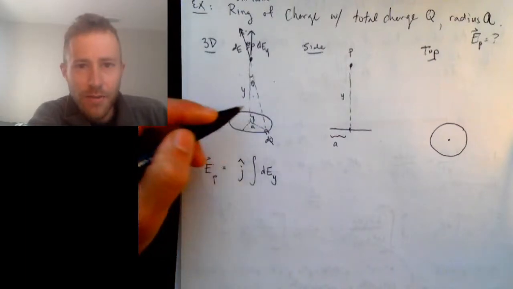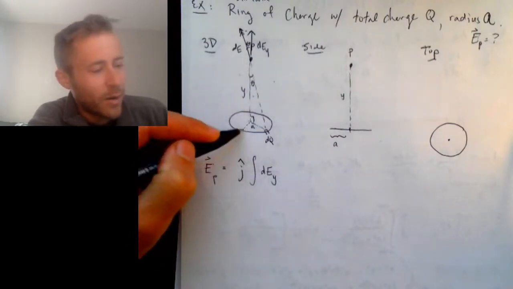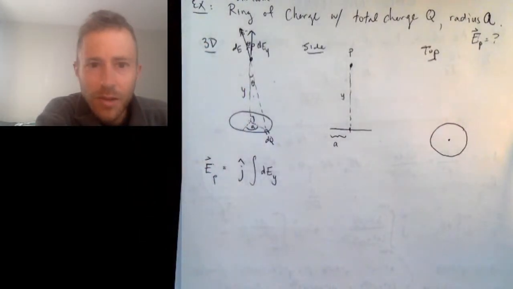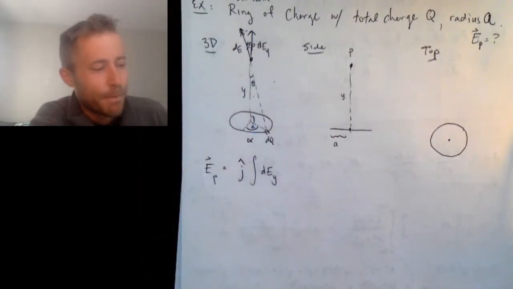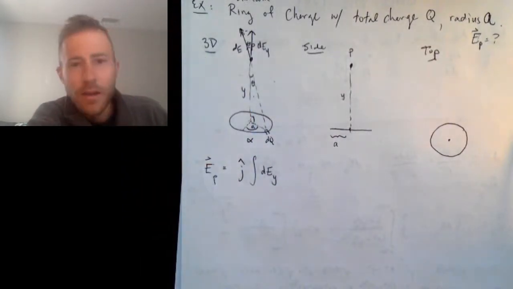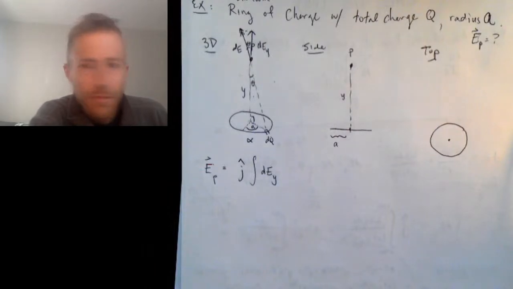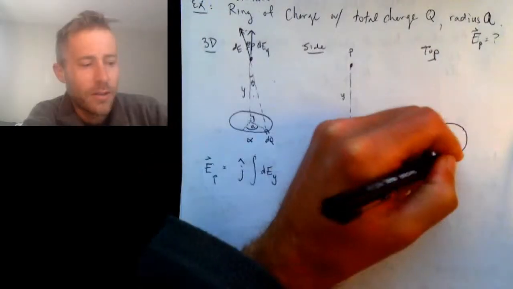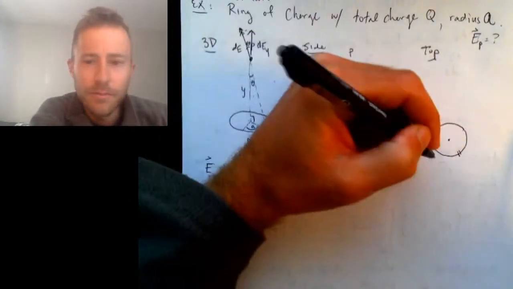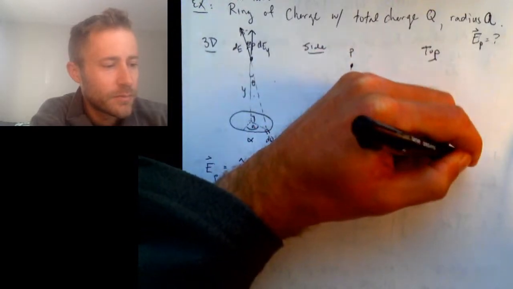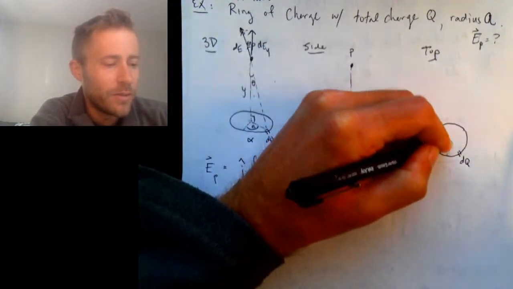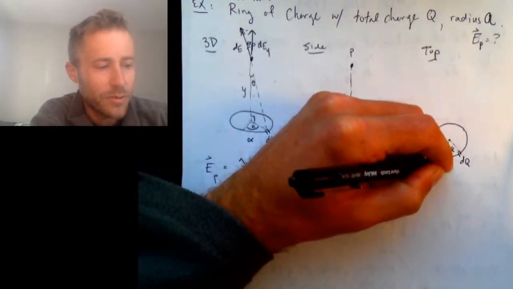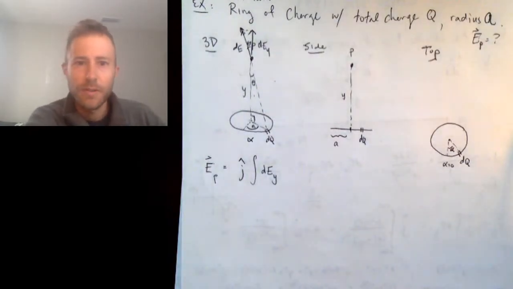But then we also have an angle around the circle, like this angle right here. I'm going to call that angle alpha. Here is dq, and dq is making an angle alpha. So here's alpha equals 0, and that's where it is.